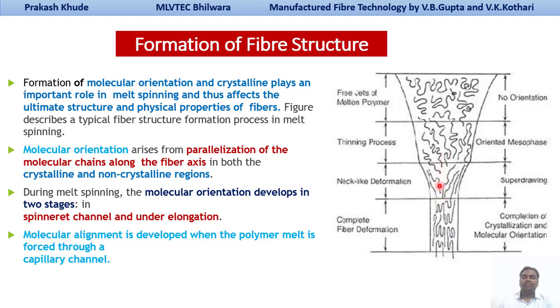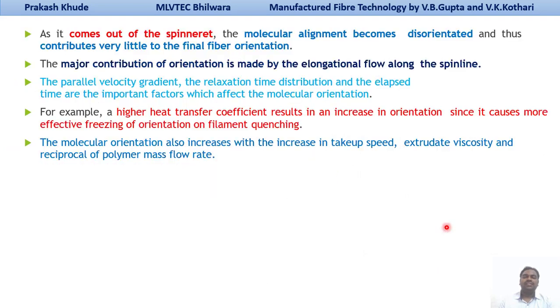This is the neck formation stage in which super drawing has taken place, and this is where the complete fiber deformation, or completion of crystallization and molecular orientation, has taken place. This is the stage where the actual fiber has been oriented in the direction of the fiber axis.